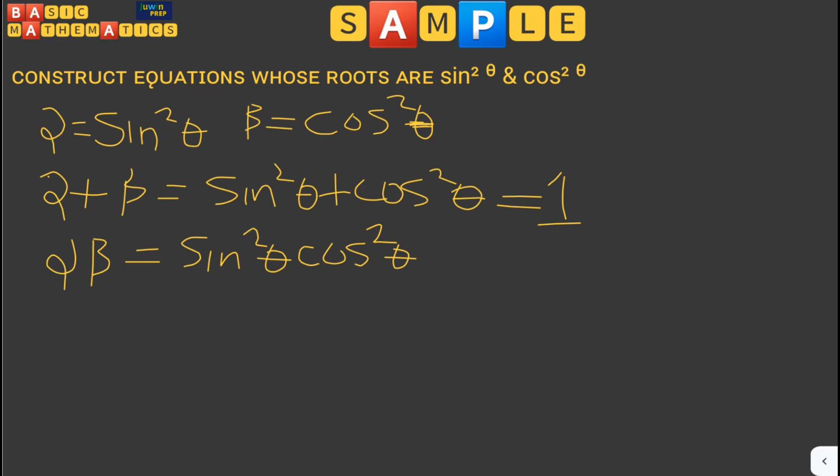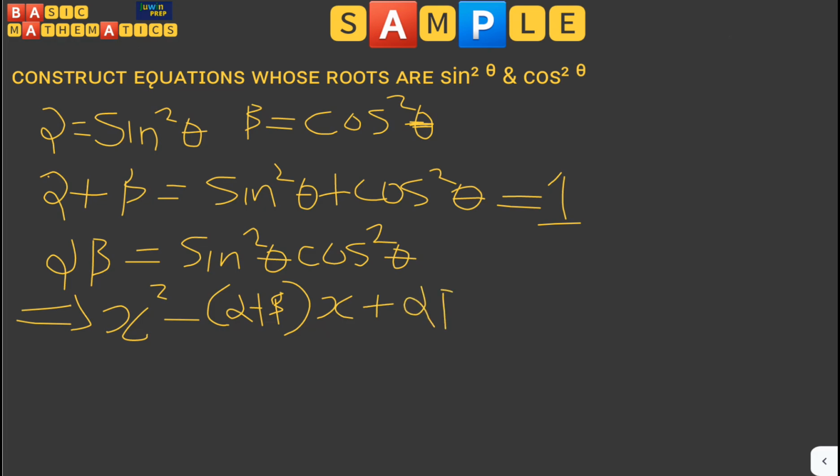Next, we'd plug in our values into this. So we say x squared minus the sum, which is alpha plus beta, times x, plus alpha beta equals 0.